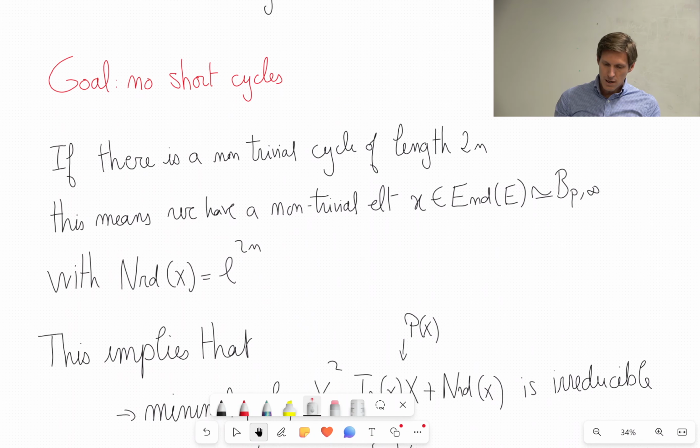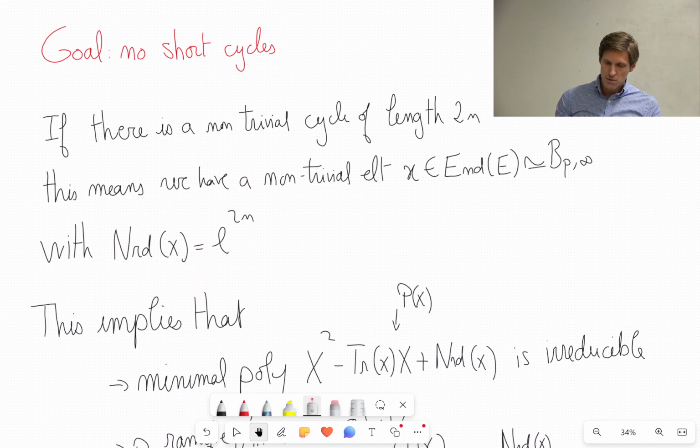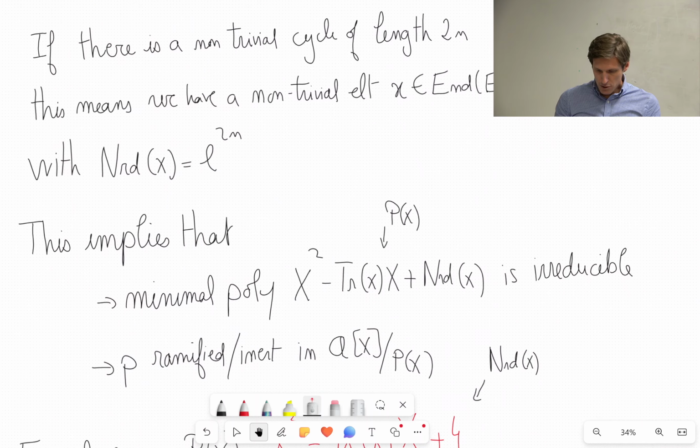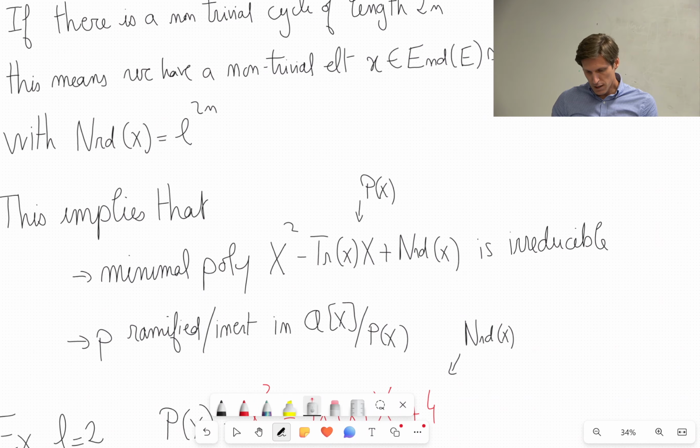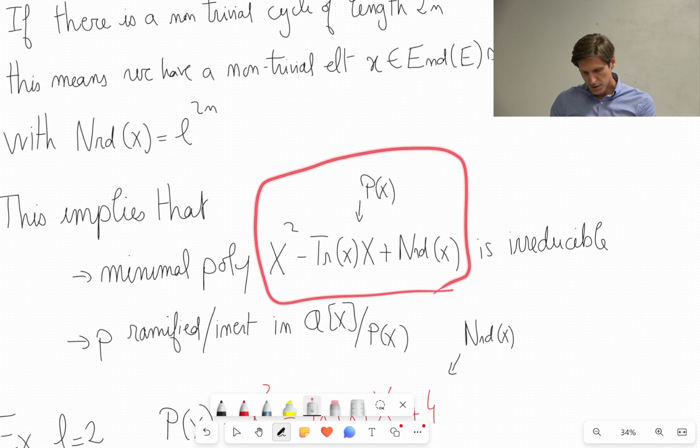So here I want to give some arguments. If I choose my parameters carefully, I could say there is no cycle of, say, length 2 to the n. If you look at the minimal polynomial of your element, it will have this form here.